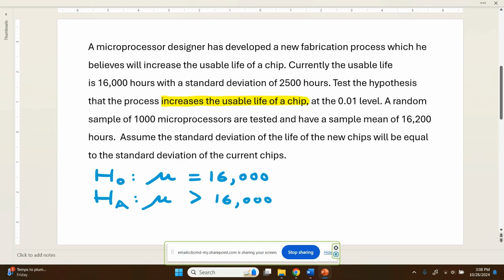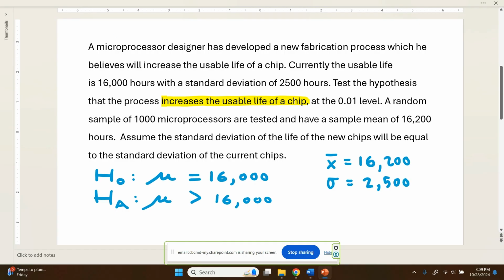I would like to write a few things down that I'll need to use. They also said that there was a sample mean of 16,200 hours. And they said that we can assume what they know about the chips in general, which I'm thinking is a population value, is going to be the same for our samples. So that's sigma equals 2,500 hours.